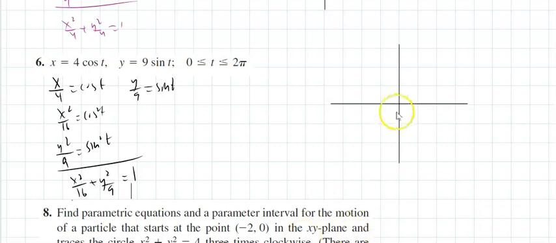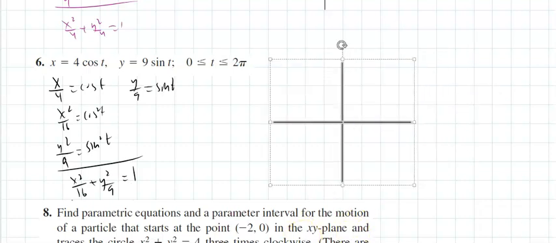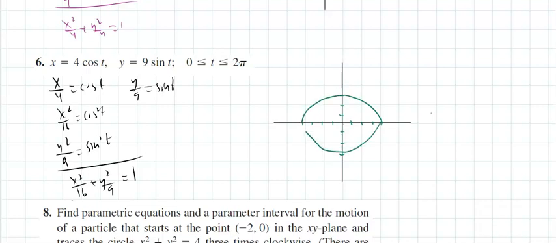And what that indicates is that I'm going to be moving 4 in the x, 3 in the y, and if I was able to get the whole graph, it would look something like this. Now I need direction.